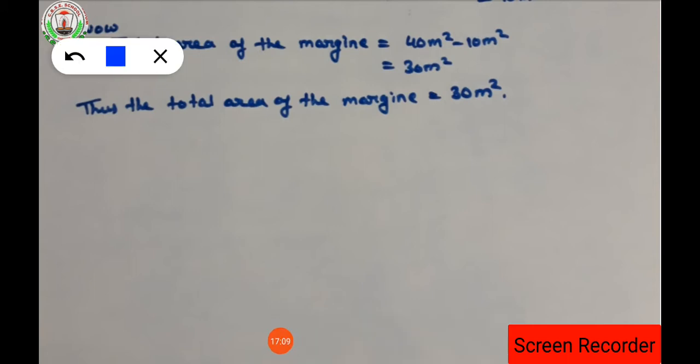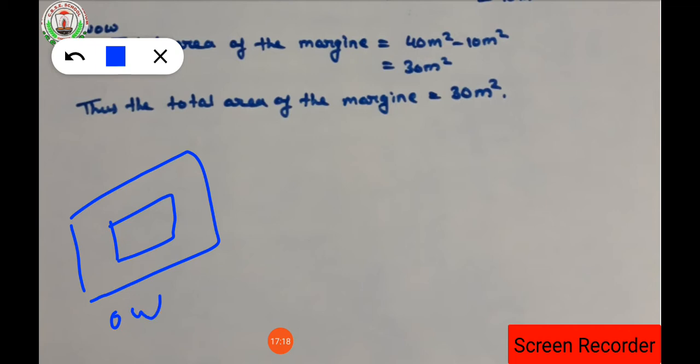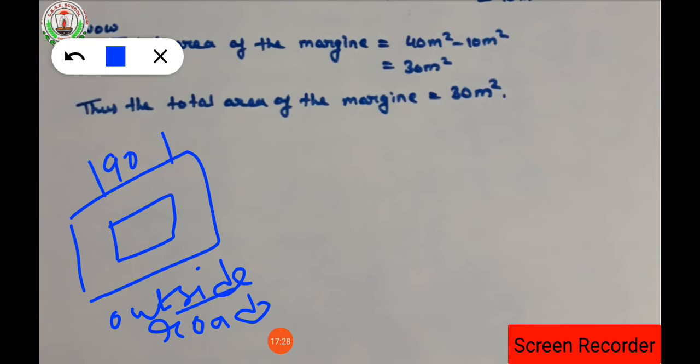When we are talking about a park, it is very clearly given that a road is drawn outside. Wherever the word outside is given, suppose 90 is the length and breadth is 5, here we have to add the road measurement, so it will be 100.